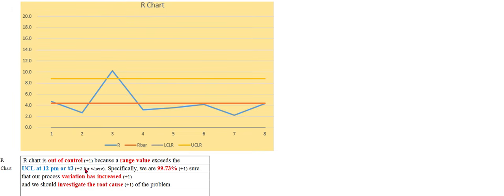You get 2 points for where. Specifically, we are 99.73% sure, +1 point, that our process variation, not average, has increased, +1. And we should investigate the root cause of the problem.